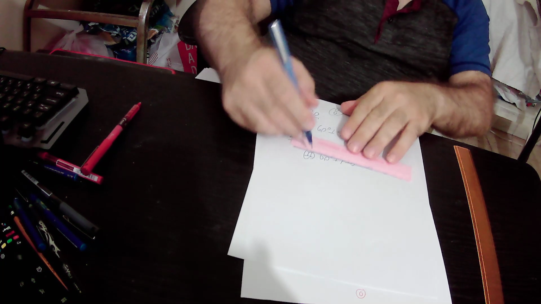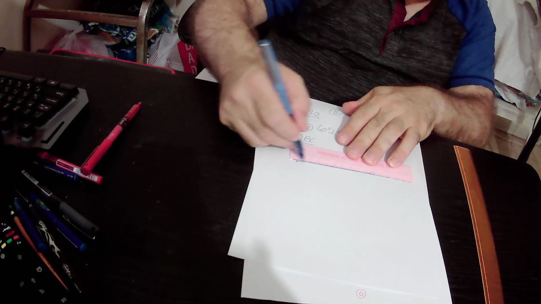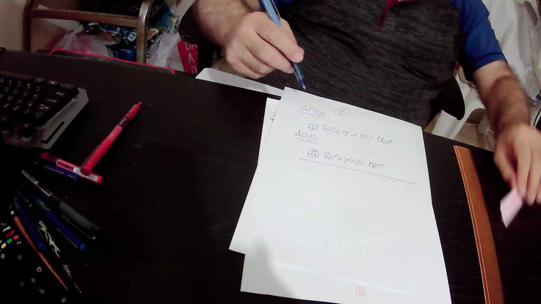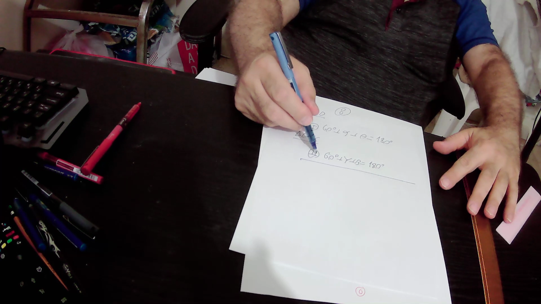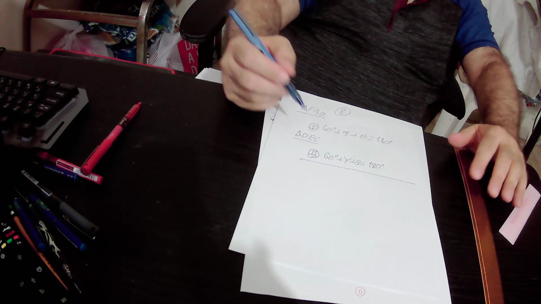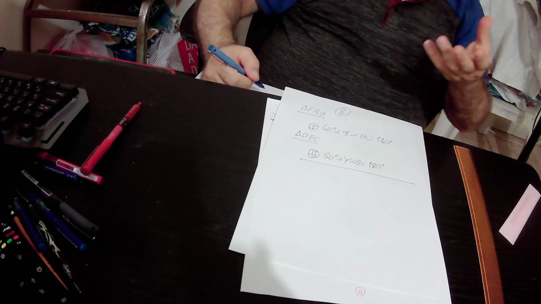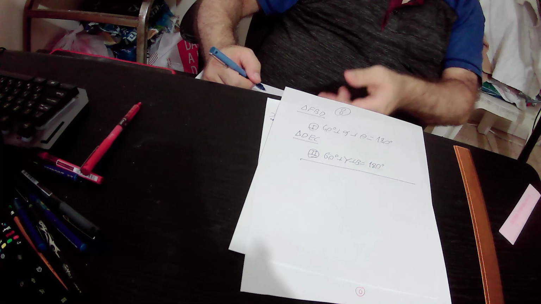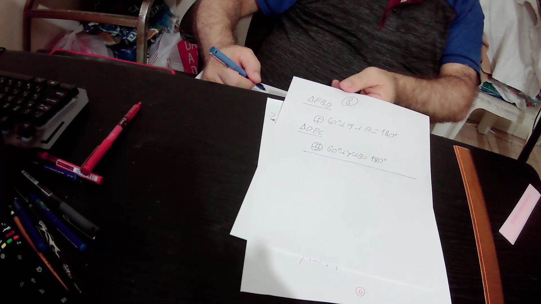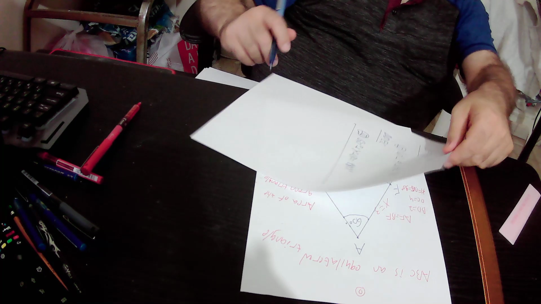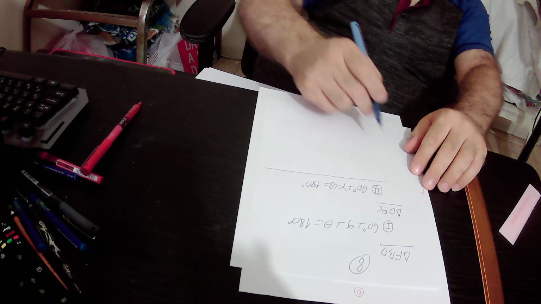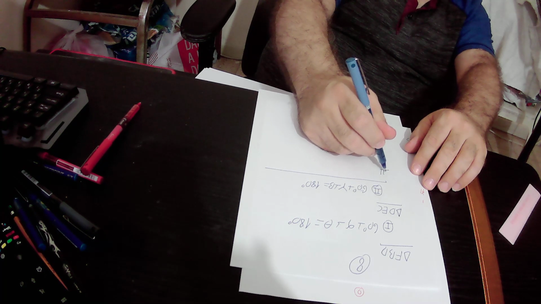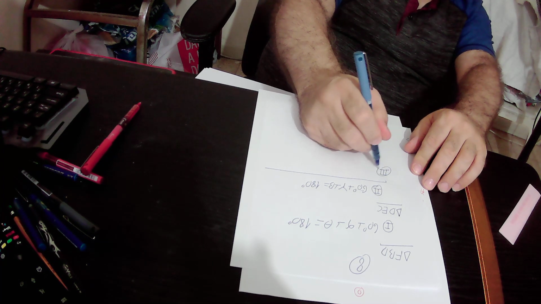Okay, so in the next step, we will add equation number 1 to equation number 2, and we will get equation number 3. So equation number 3 is the addition of equation number 1 with equation number 2.